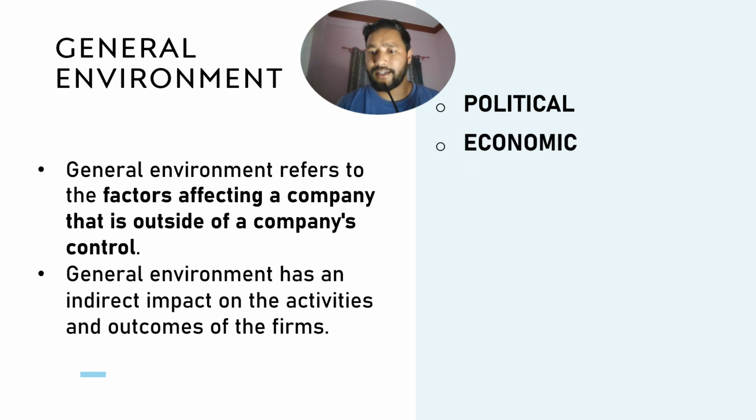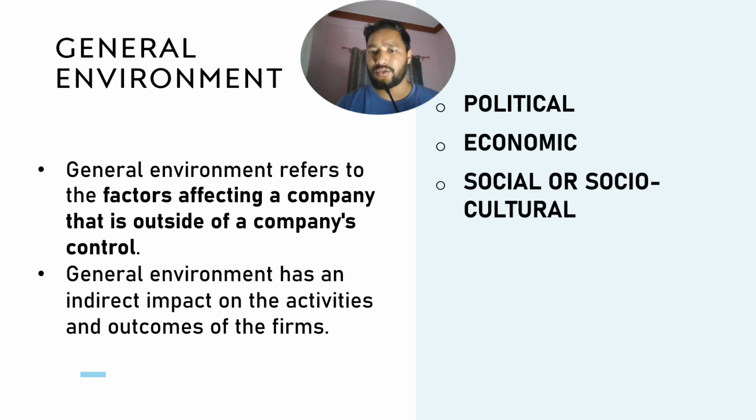Another factor is economic factor. It is related with purchasing power of people, economic growth of the nation, and the per capita income of people. Because where many people are rich, they can afford many goods from business organizations.